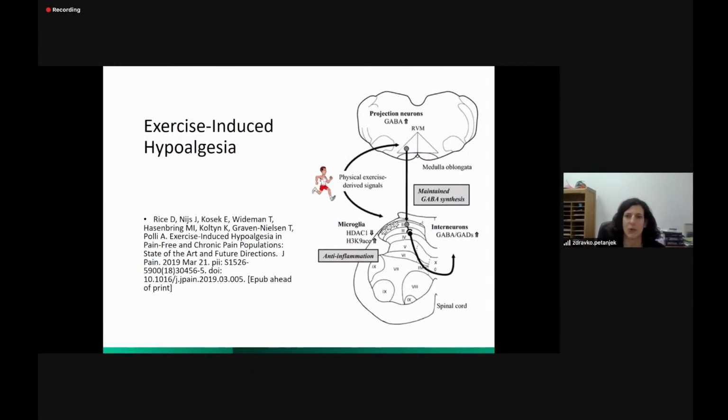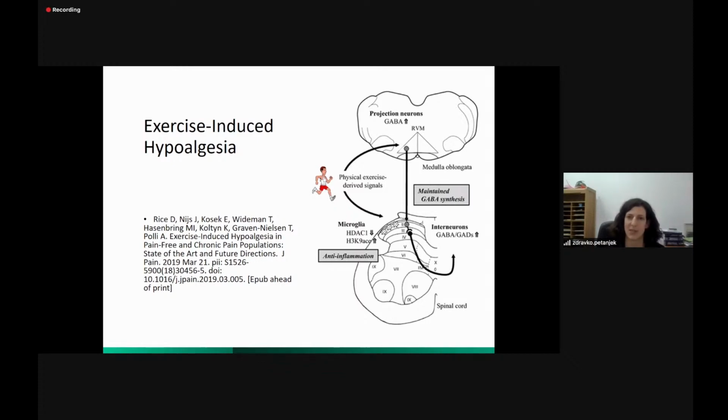It is also important for everybody to know that by exercises, you can produce hypoalgesia. You can feel less pain. If you exercise for half an hour, you can feel less pain for at least half an hour. And that is a kind of rule for healthy patients. It is more complex when you have chronic back pain.